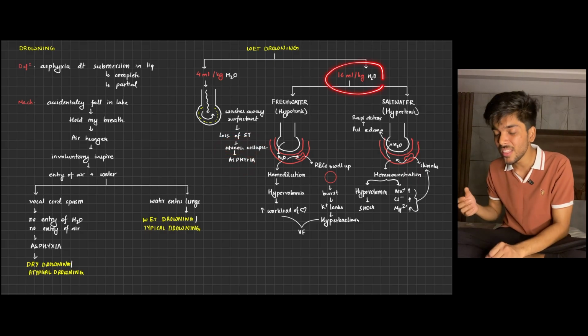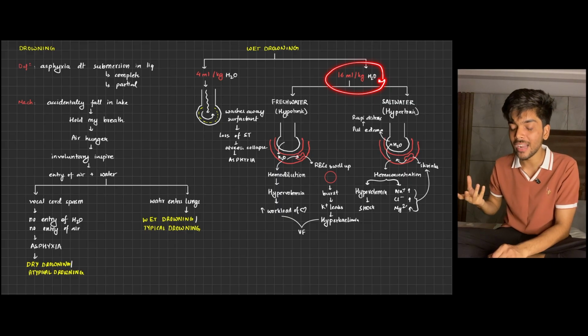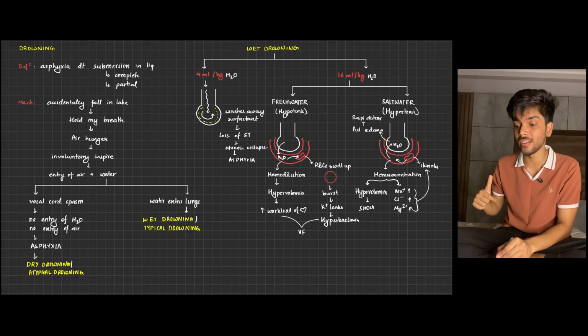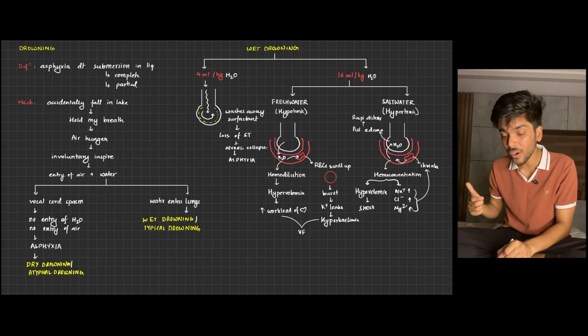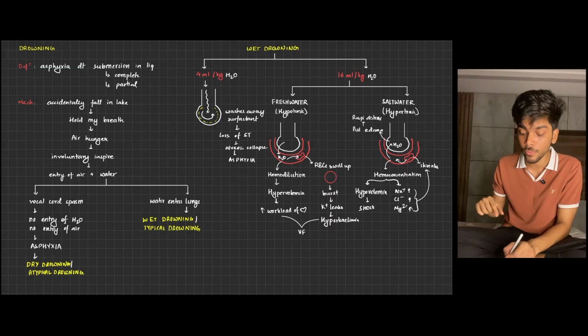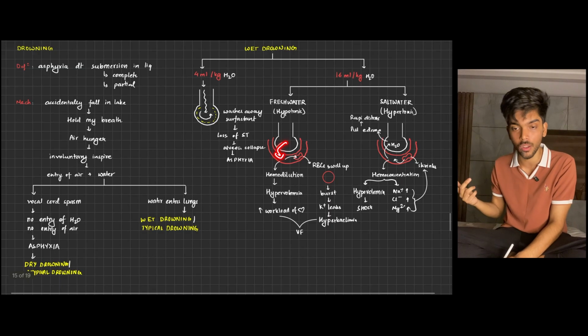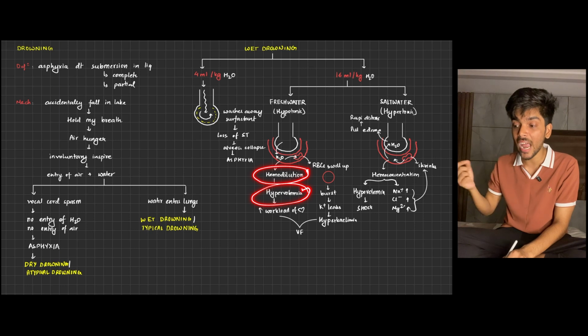In the second case, when a large amount of water enters inside the lung, what happens? That depends on the type of water that enters. First, we have fresh water, which is hypotonic. Since fresh water is hypotonic, water moves from hypotonic to hypertonic. So water moves from inside the alveoli to inside the circulation. As a result, the circulating blood becomes dilute and the volume also increases due to extra added water.